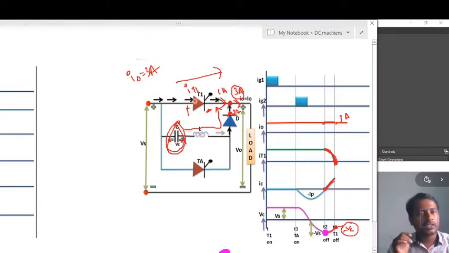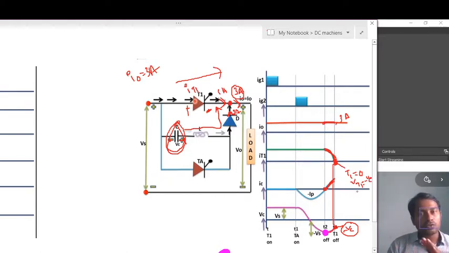At this stage, the current through thyristor 1 is 0, and at this point the voltage across thyristor 1 is negative.